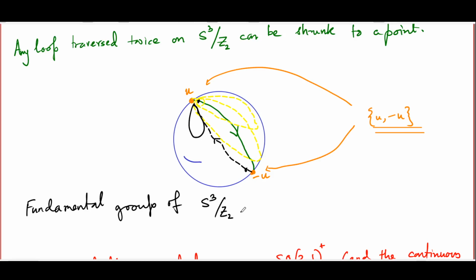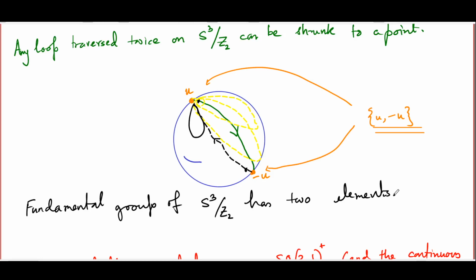Of course, we have really shown it for S2 by Z2 by drawing a picture, but you can easily imagine that the same works for S3 by Z2. One is a collection of all loops which can be shrunk down to a point. The other, the collection of all loops which cannot be.